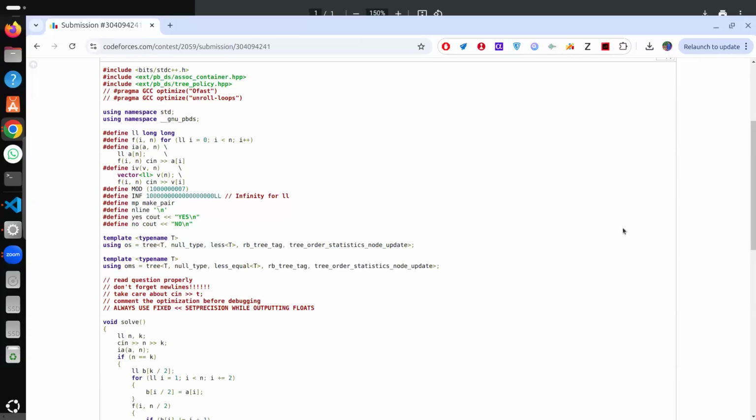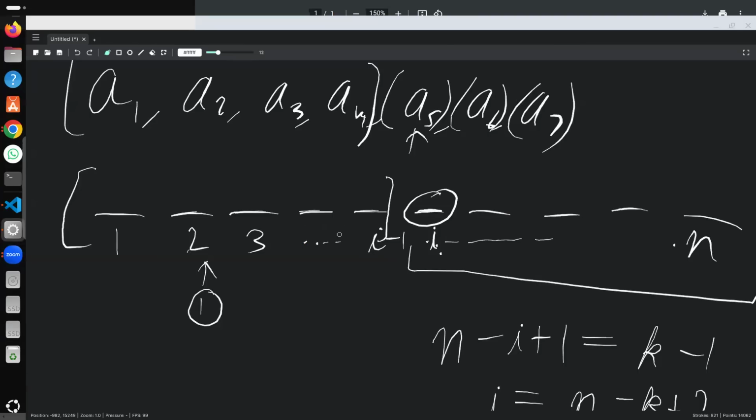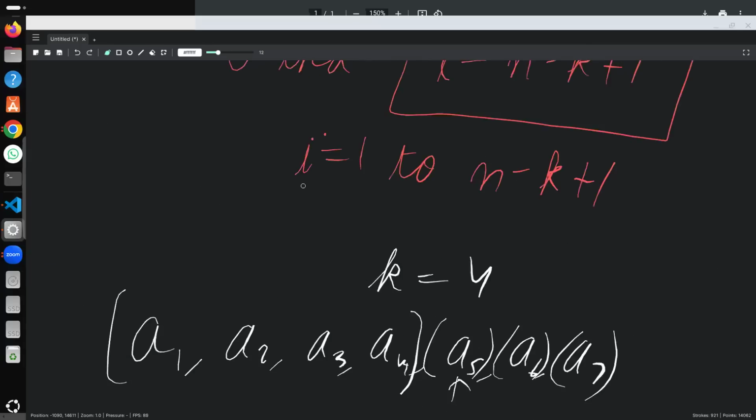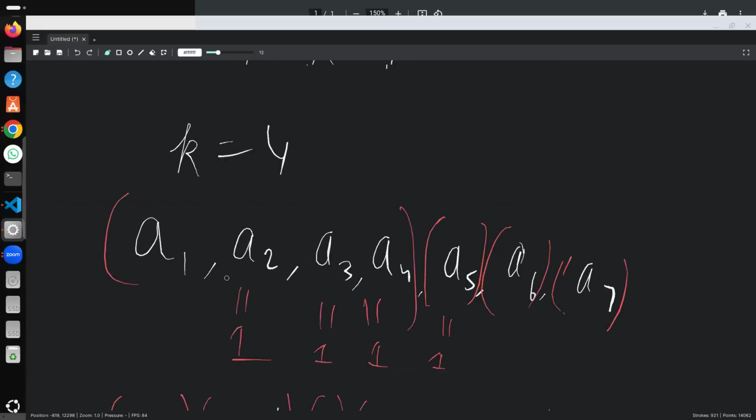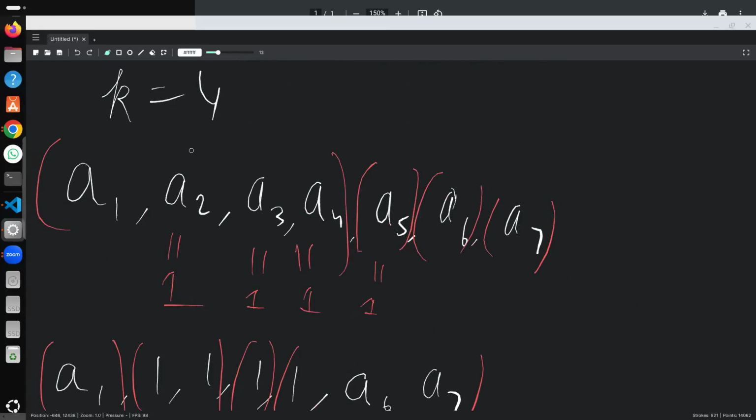Utkarsh, we are only checking for 1 and 2 because I just proved that the answer can be only 1 or 2. During this whole explanation, I told you that if k equals 4 and n equals 7, and all of these four are equal to 1, then the answer cannot be 1.